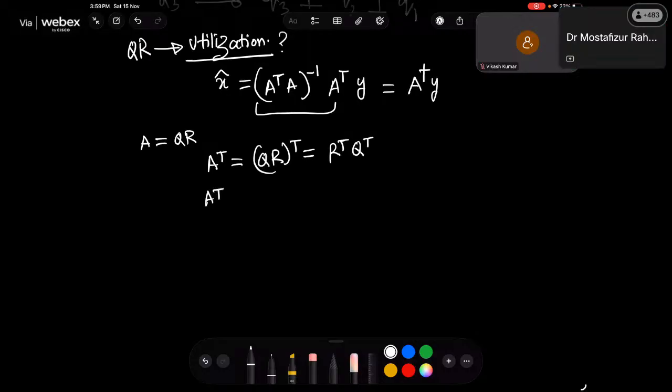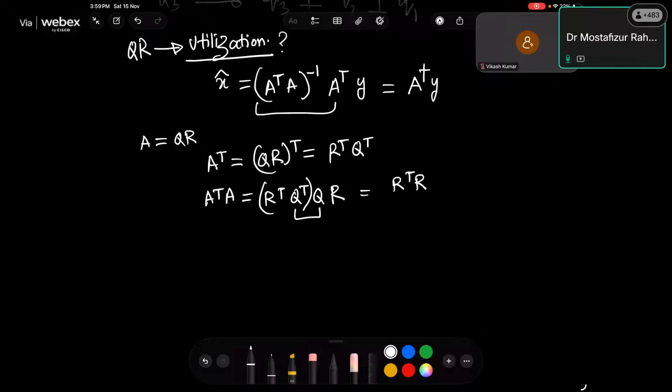Then A transpose A becomes R transpose Q transpose, sorry, Q and R, right? So this is for the A transpose part and this is for the A part. Now Q transpose Q is the identity matrix. So it becomes R transpose R, right?